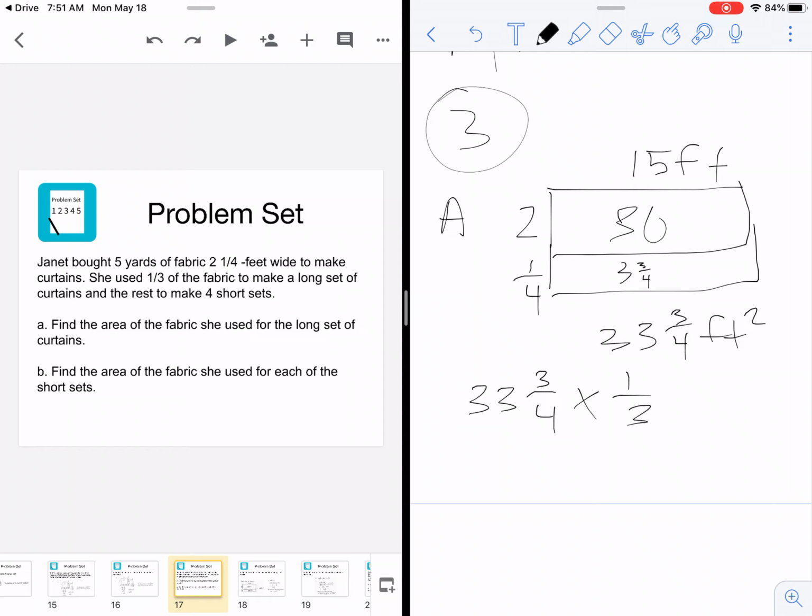Remember, of means multiply. So we're going to do that distributive property.